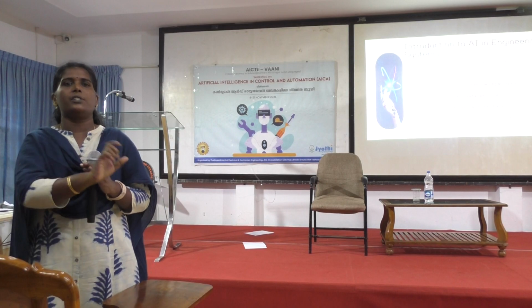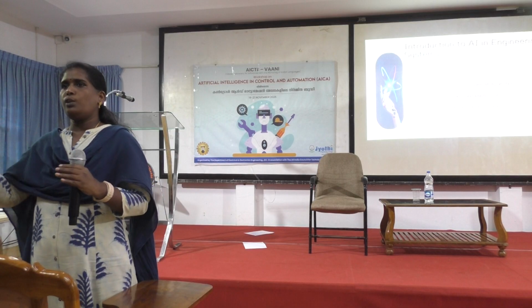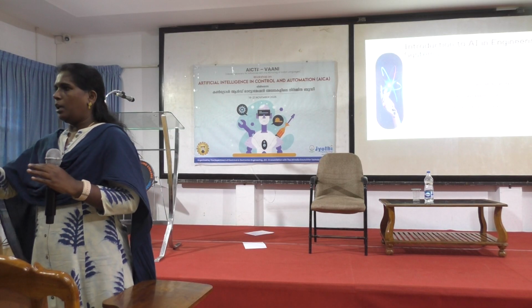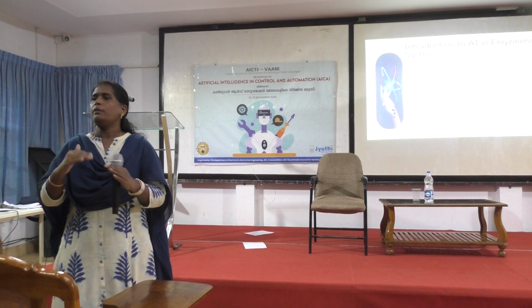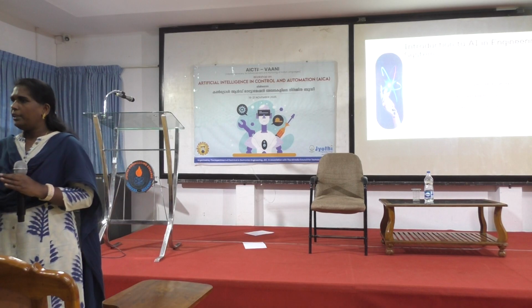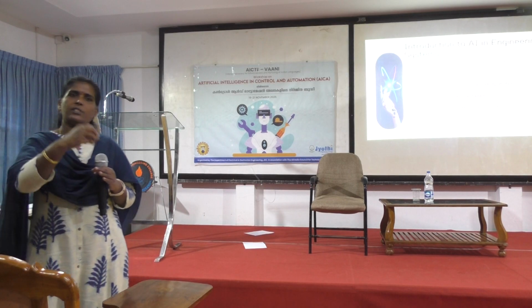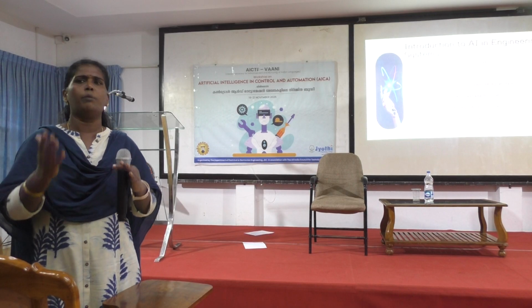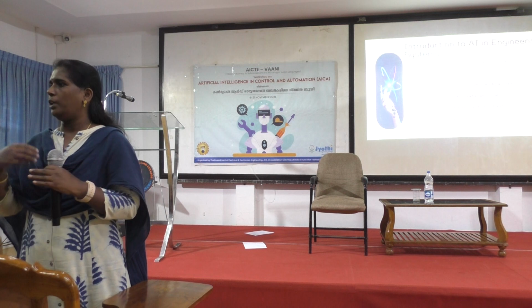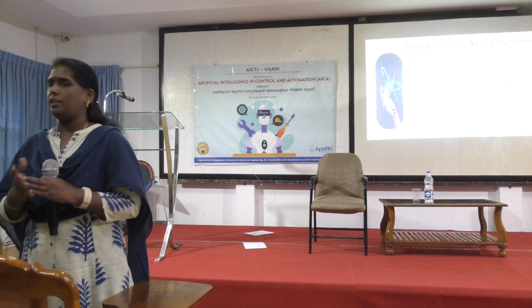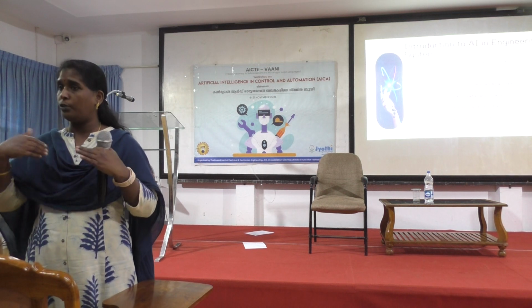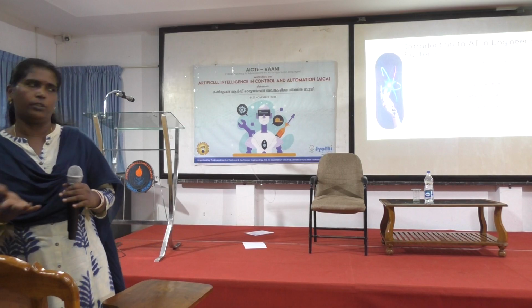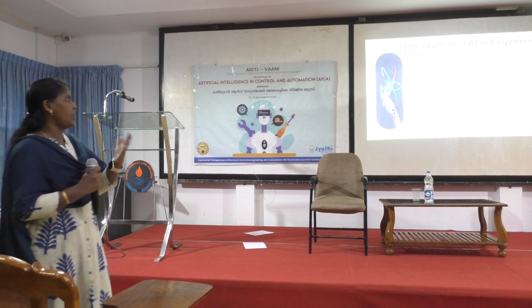The operating region is 0 to 100 only, so if any malfunction or fault comes, it has to behave accordingly. We give the training process, and based on that the artificial intelligence will give the control action, or give an alarm, or cut off the valve. It will predict and take the action. That is called adaptive control. We have to adapt based on the environment, and for that we can use AI.